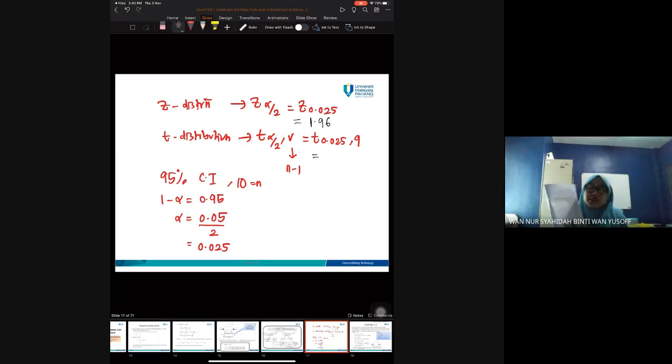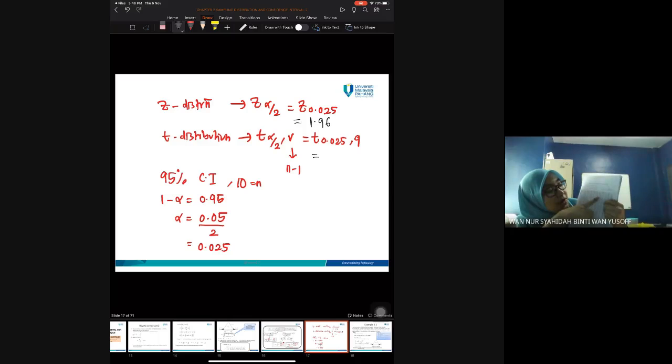For the T distribution, the next page after that, page 37, it is in table 5, the percentage points of the T distribution. The first column here is your nu, the degree of freedom. In our case, 9. The first row represents the probability value. So we need 0.025.